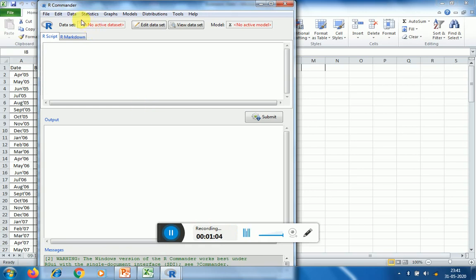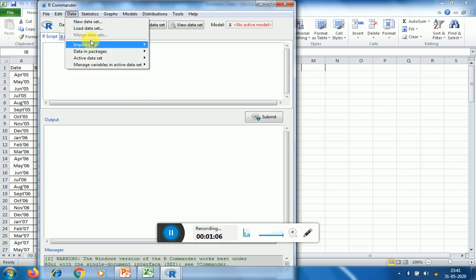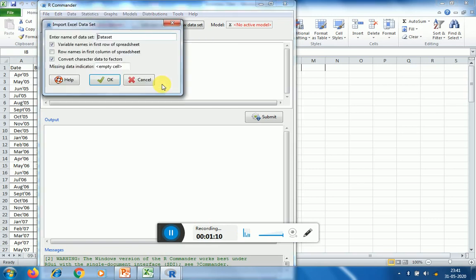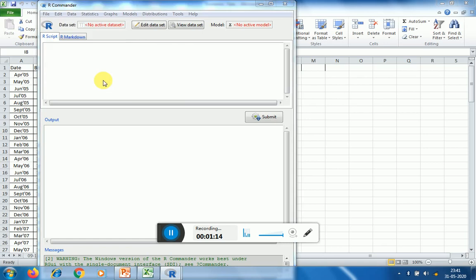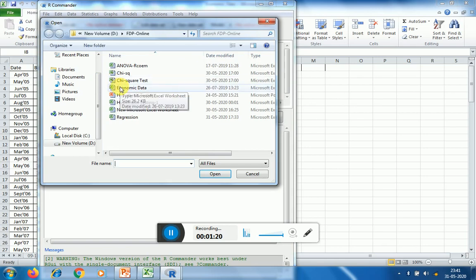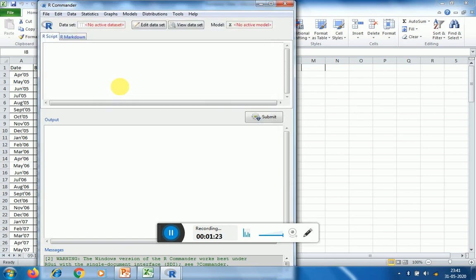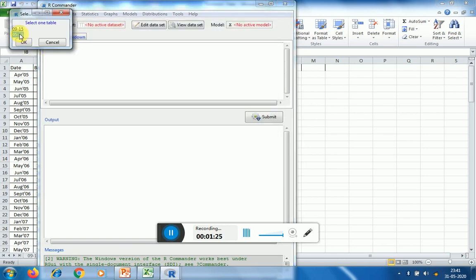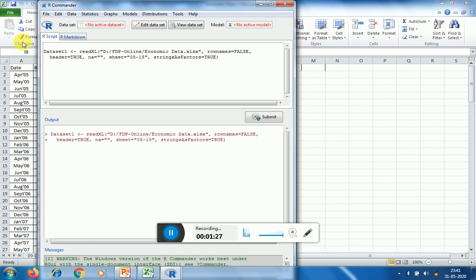So we'll open this data sheet in R. So import the data, data set 1, okay. Then economic data, 5 to 15 series we will use for analysis. Now first we will fit a multiple regression model for this data.